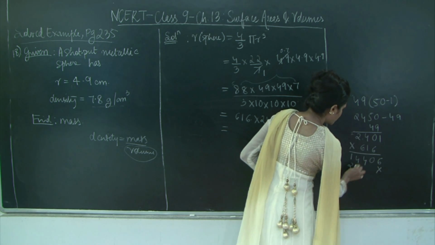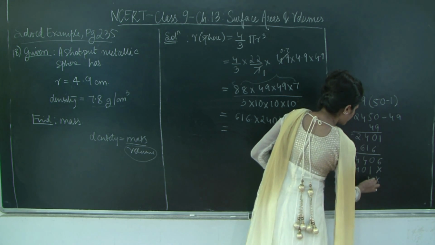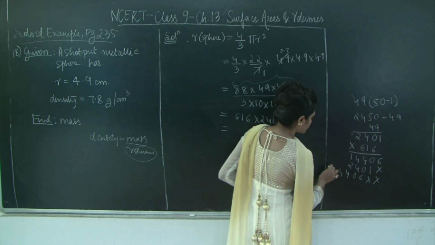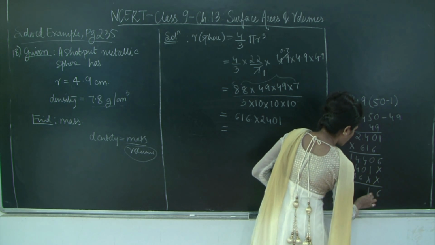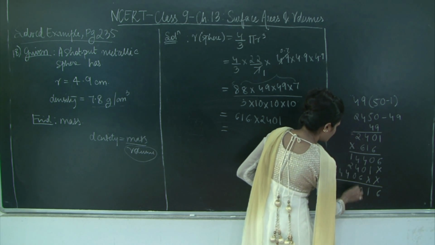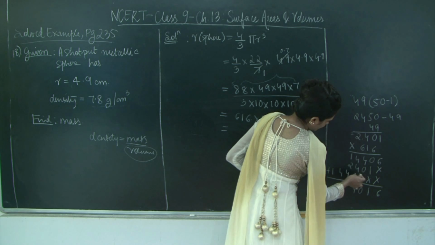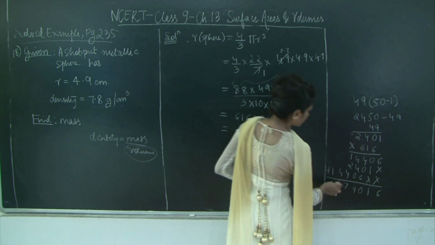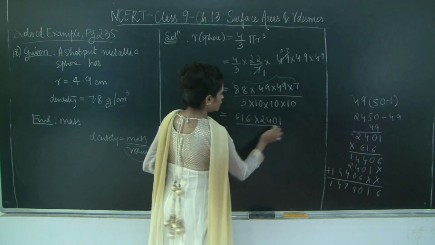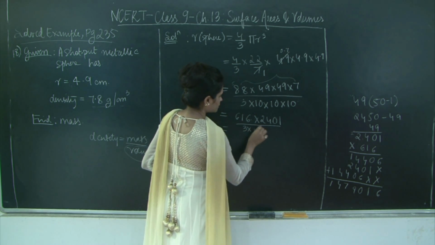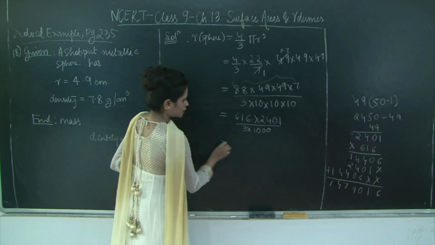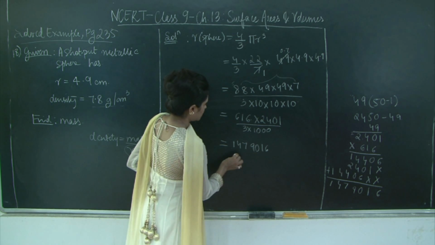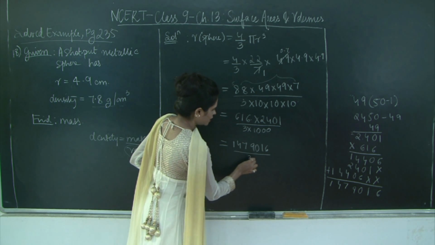Then 2401 and again, you get 1479016, and this is upon 3 into 1000.